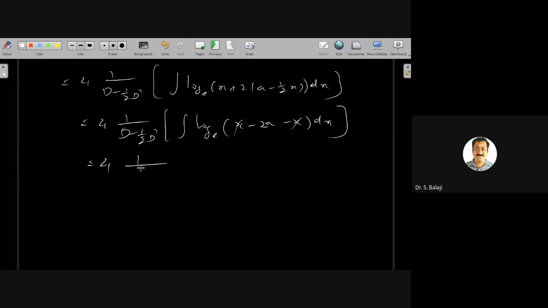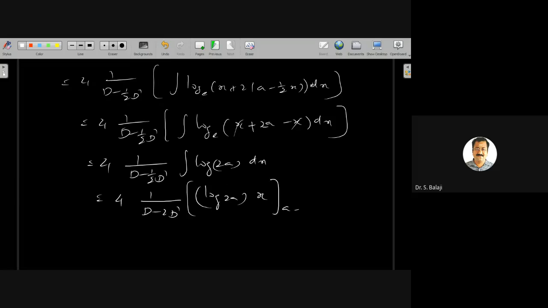So 4 times 1 by D minus 2D dash integral of log 2a dx, but this is constant. What you get here is log 2a into x. After integral you have to change a as y plus half x.